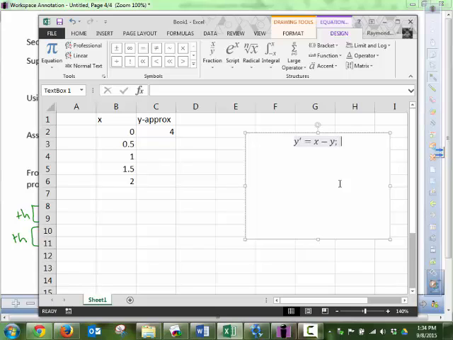And then we have y of 0 is equal to 4. So that's our problem.